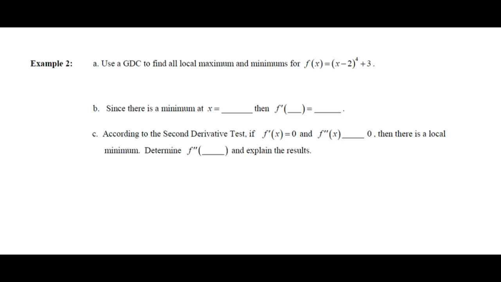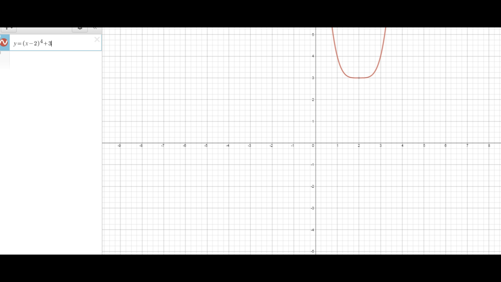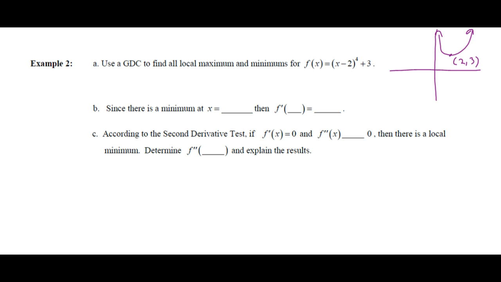Well, it's x minus 2 to the fourth, so what's that? It's just like a quadratic, but it's flatter on the bottom, right? Because it's a quartic. And it's shifted 2 units to the right, and then it's up 3. It looks something like this, I think. And there we are at 2, 3. Okay, so what have we got?